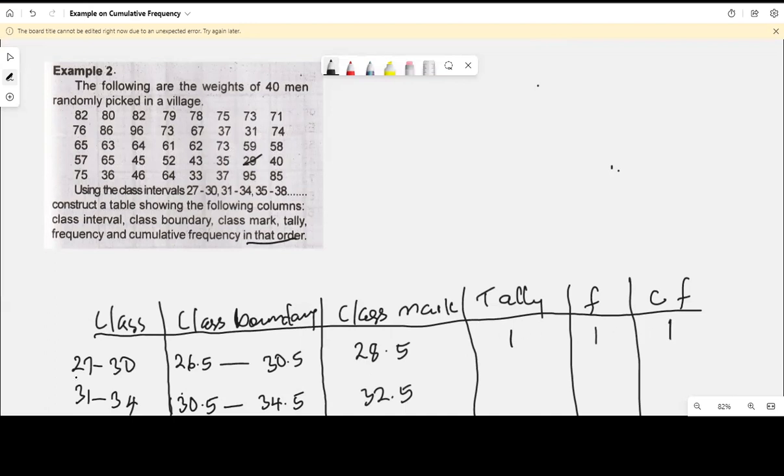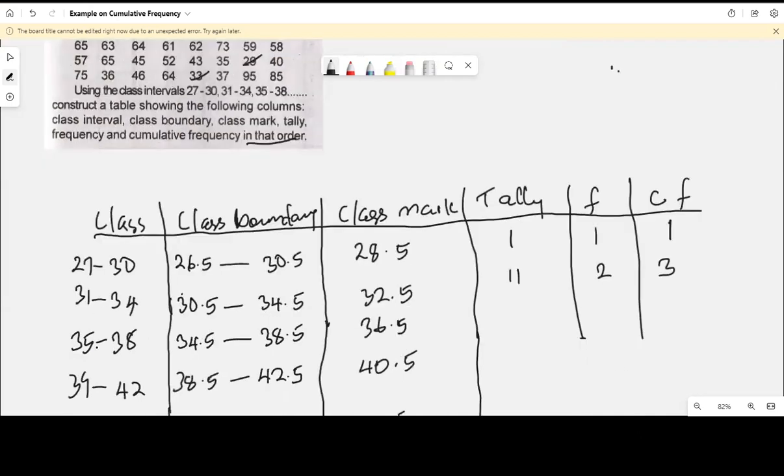And the next interval is 31 to 34. 1, 2, only 2. So for the tally, we put 2 strokes. Frequency is 2. To get the cumulative, we add this to this, which is 3.